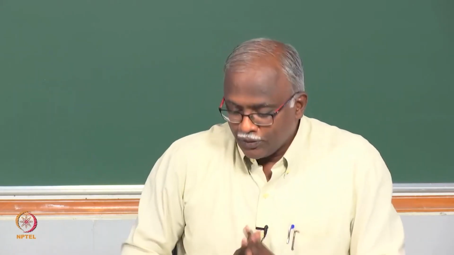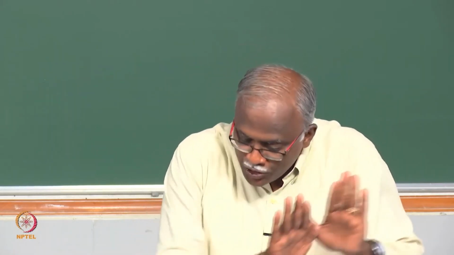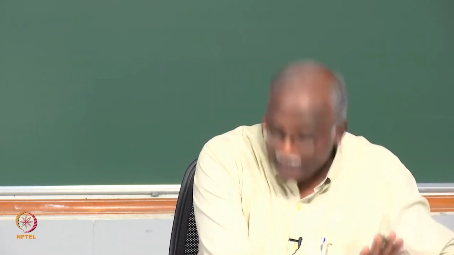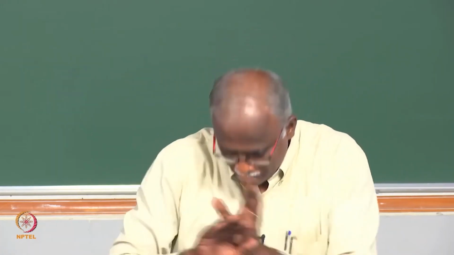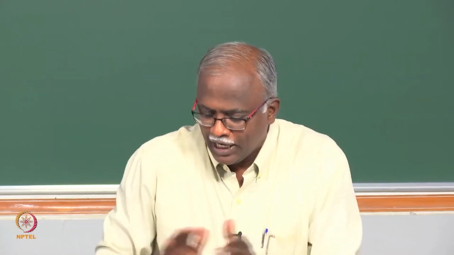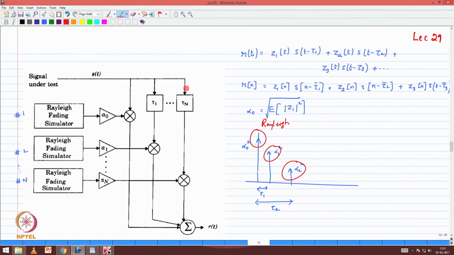Now once you have a Rayleigh fading generator, you can call multiple instances of it to generate independent Rayleigh random variables. Then you scale it to get the appropriate power levels that you are interested in, apply the delays, and combine all of them.